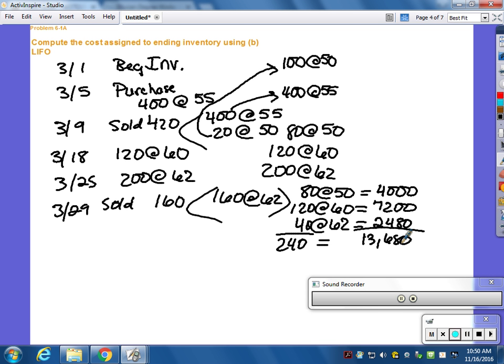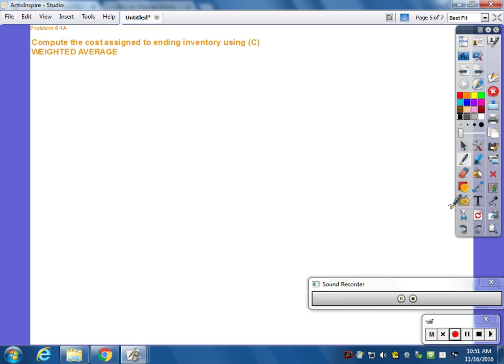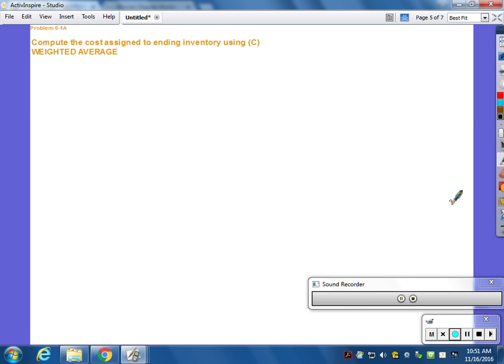Okay, the next method is weighted average. So with weighted average, 3-1 is still the same. Beginning inventory at 100 at $50, right? Which equals 5,000. Now on March 5th, they purchased how many units? 400.